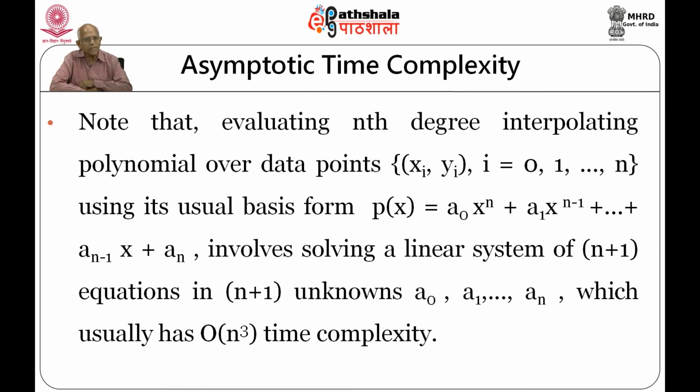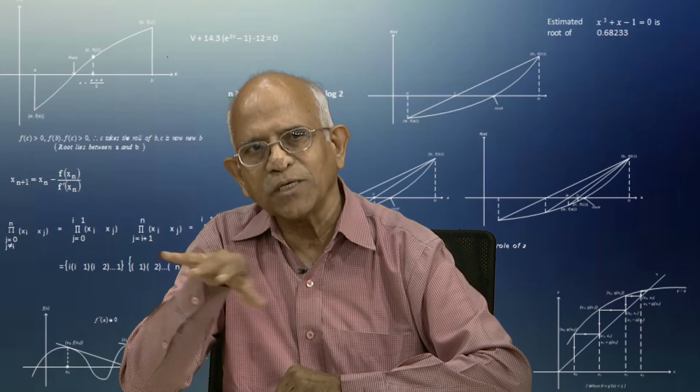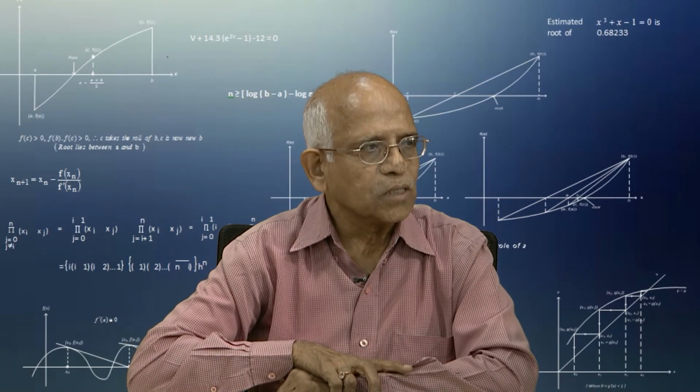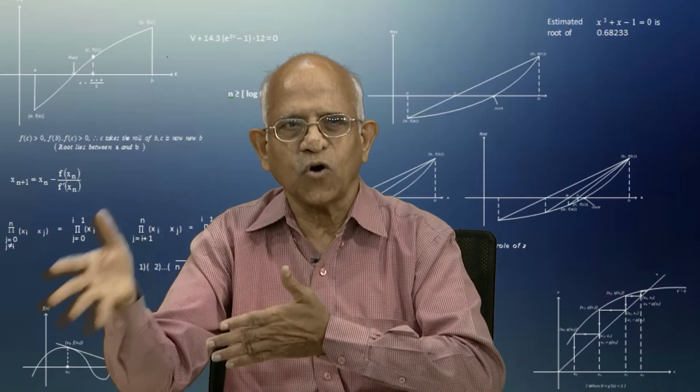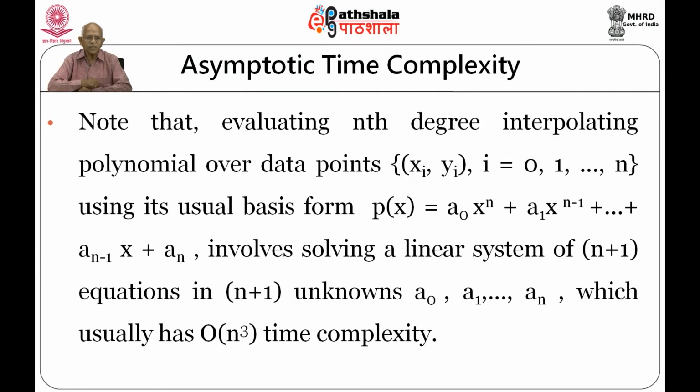Note that evaluating the nth degree interpolating polynomial over data points x i, y i using the usual basis p x, now I am comparing, if you are normally doing this computation and instead of taking special forms of these polynomials, we take the usual form of a polynomial and substitute those n plus 1 conditions, then I will get a linear system of n plus 1 equations in n plus 1 unknowns, which is required to be solved, and if you want to do that, it will take about order n cube time complexity.